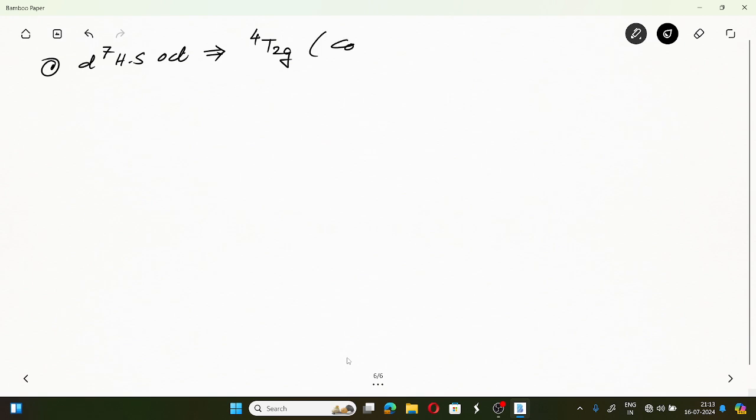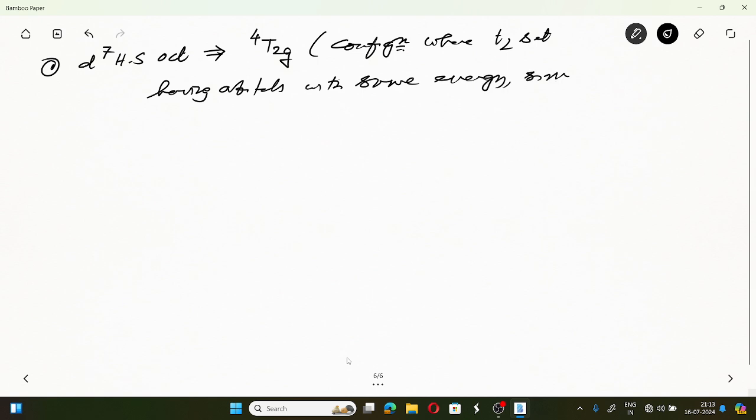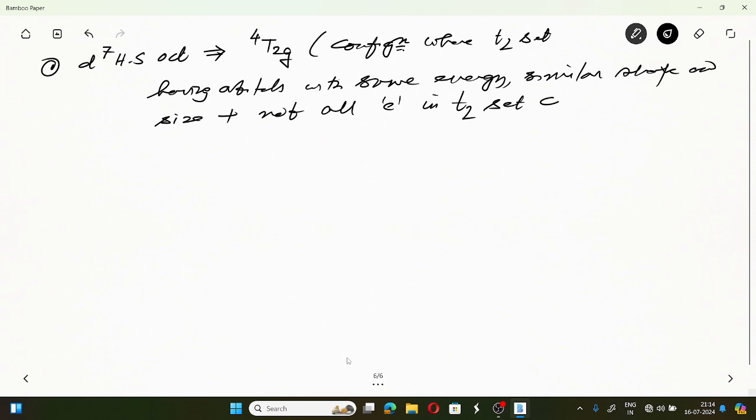Okay? So configuration where the T2G set, having electrons, having orbitals with same energy, similar shape and size, plus not all orbitals in the T2 set contain electrons with identical spins.